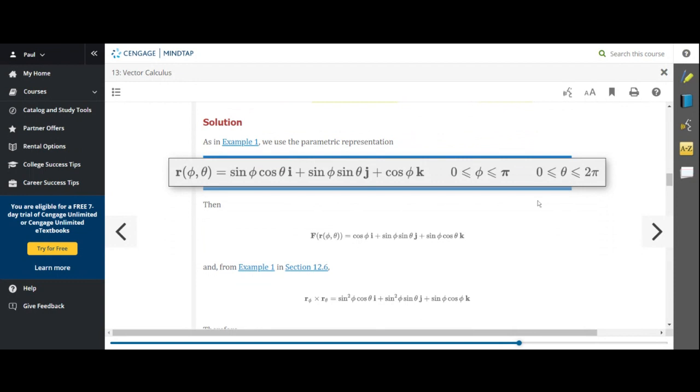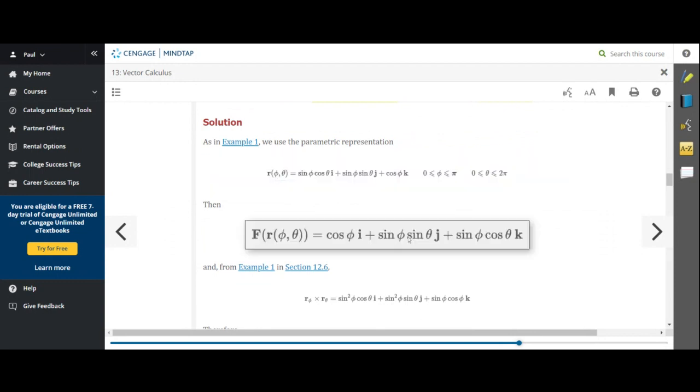So what we have to do is write our vector field in terms of our parameters phi and theta. The vector field, the i component was equal to z, so you have a cosine of phi there.